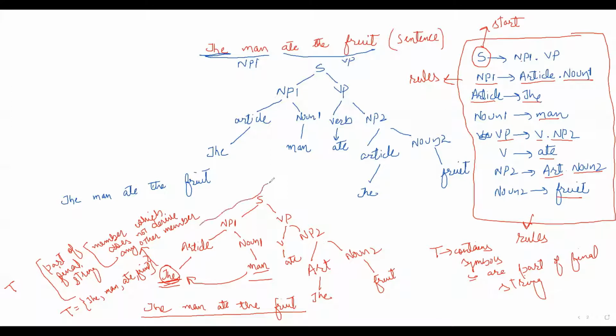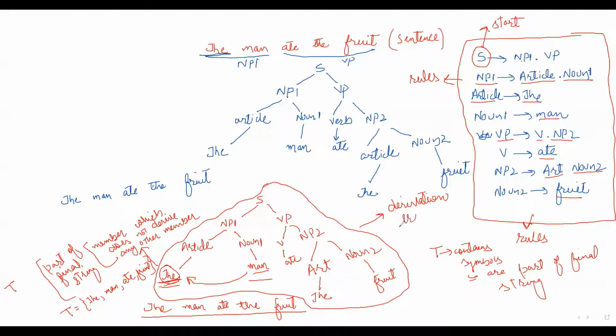And this particular graphical representation of deriving any string, any sentence, using some specified rules, is called a derivation tree for this particular sentence.